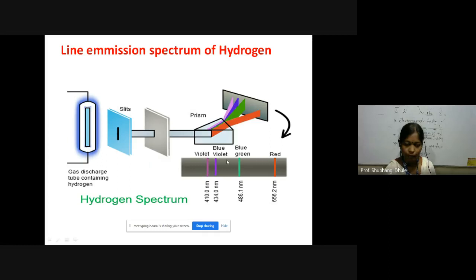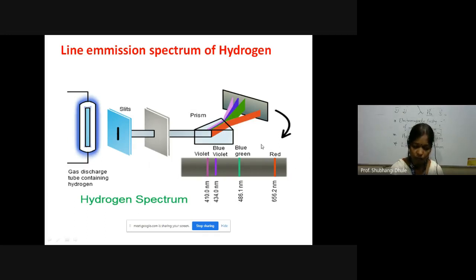The recorded spectrum is like this. It is observed in the form of fine lines; it is not continuous. It is discontinuous, in the form of discrete lines. So this was observed by different scientists.